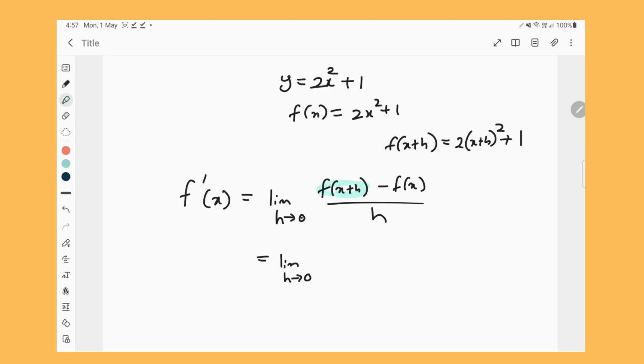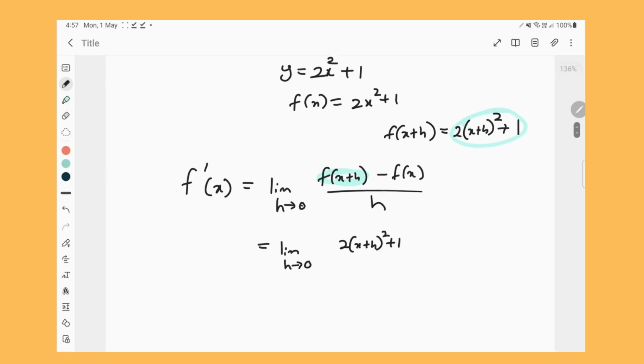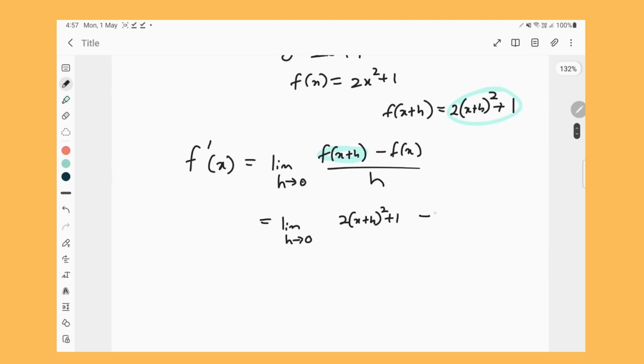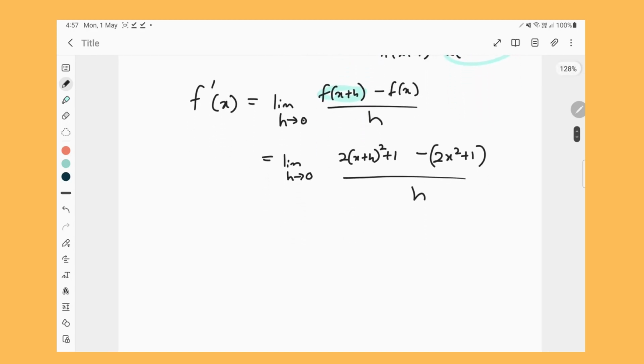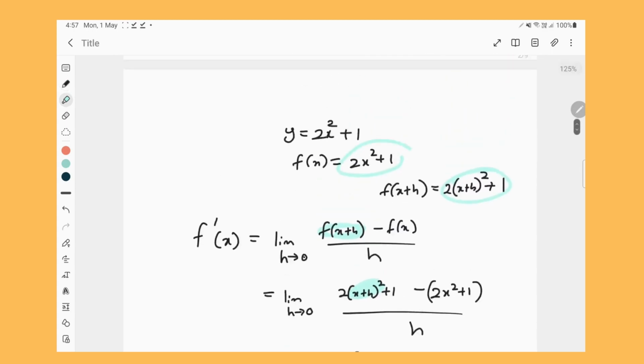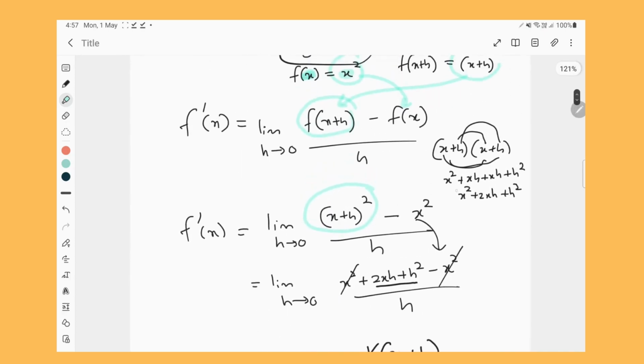What's this value? That's going to be this term. So let's put it here. 2 bracket (x plus h) squared plus 1 minus, so what is f(x)? 2x squared plus 1. So put a bracket, because if not you will make a mistake. Alright, next you need to simplify. So I write like the previous time. First the expansion of this term, that was x squared plus 2hx plus h squared.